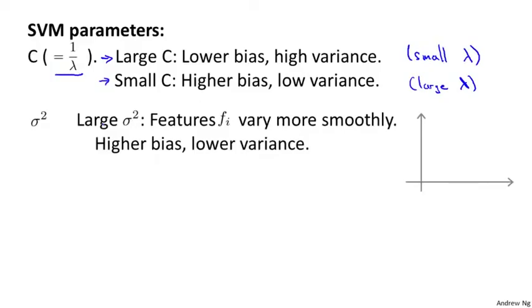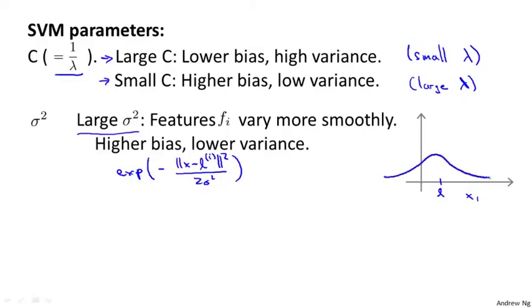So if the Gaussian kernel sigma squared is large, then in the similarity function, which was e to the minus x minus landmark i squared over 2 sigma squared, in this 1D example, if I have only one feature x1, and a landmark at that location, if sigma squared is large, then the Gaussian kernel will tend to fall off relatively slowly.